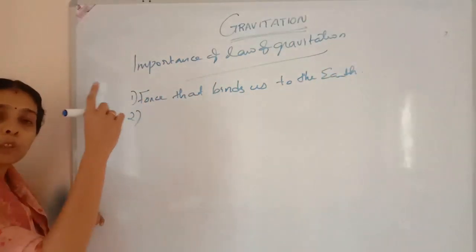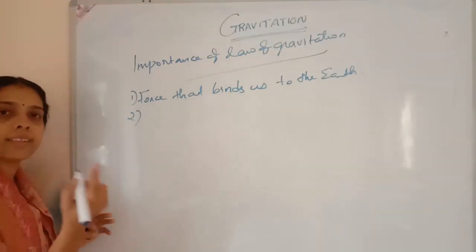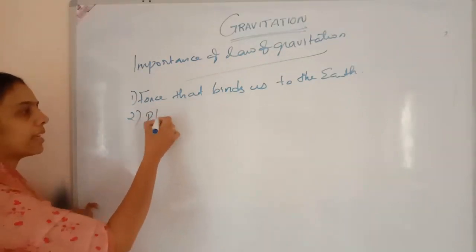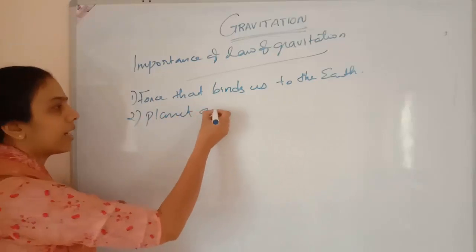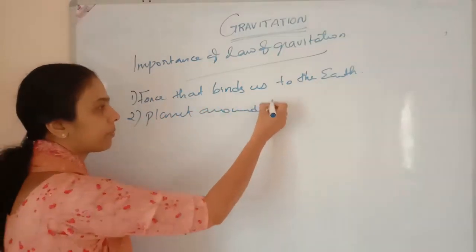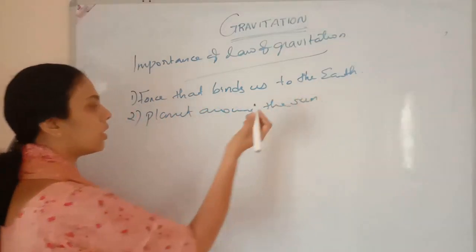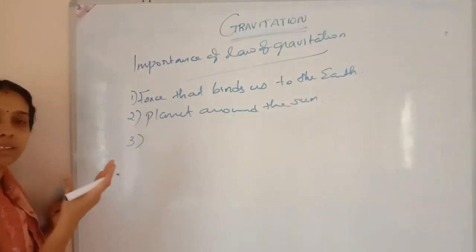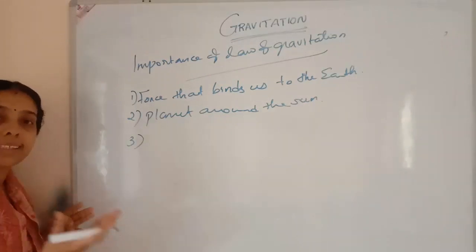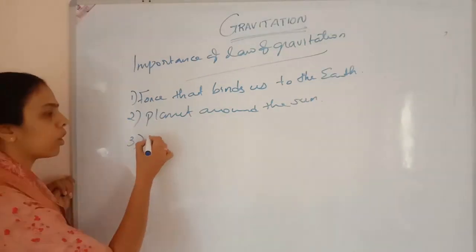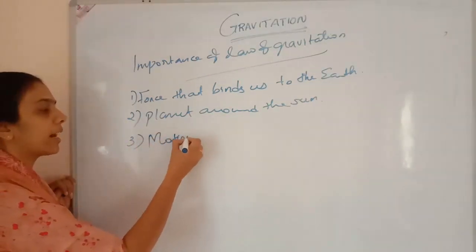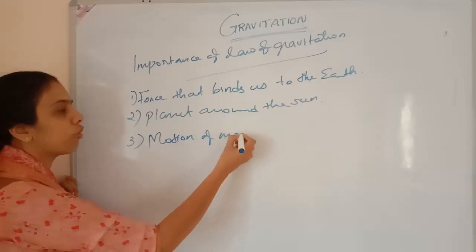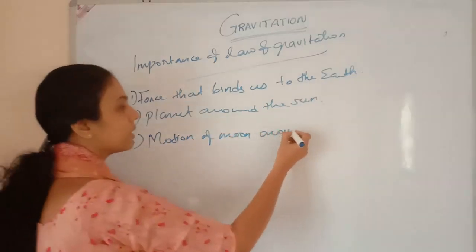Second, the motion of the planets around the sun. Then the motion of the stars and all the celestial objects in this universe, and the motion of the moon around the earth.